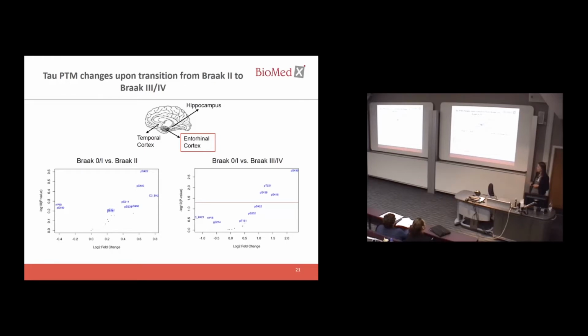So this was set at 0.05 as the threshold, which is the red line here. But once you start comparing Braak 0 to 1 to Braak 3 to 4, you can see that 4 of these PTMs move across the threshold and are more enriched in the Alzheimer's brain samples. So there's really a transition between these Braak stages, also in terms of tau PTM pattern.